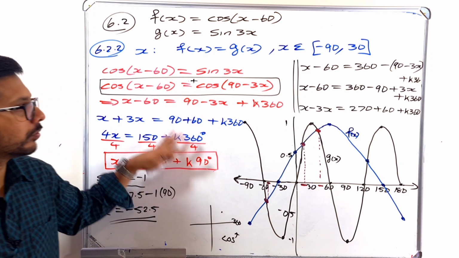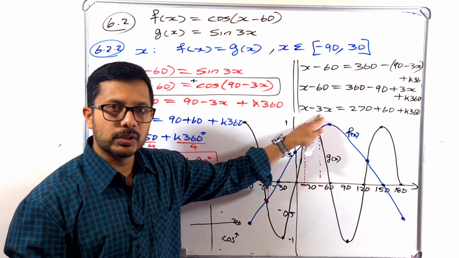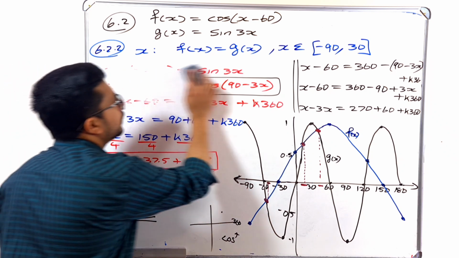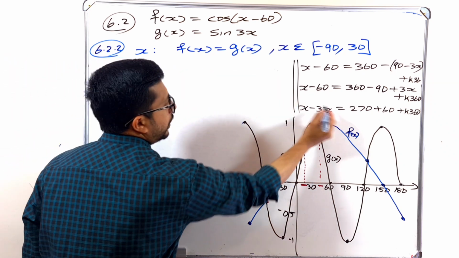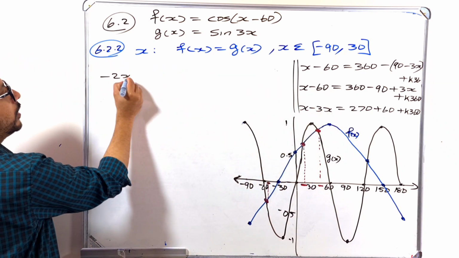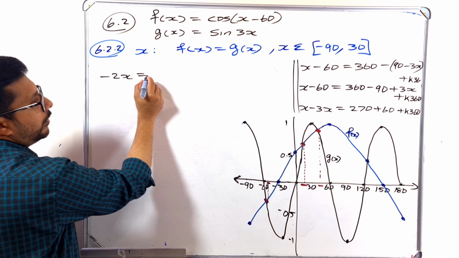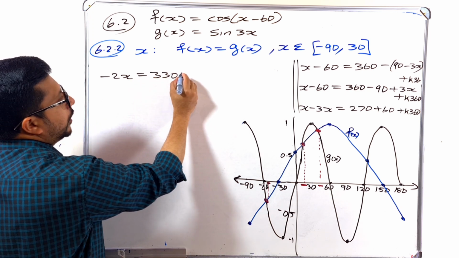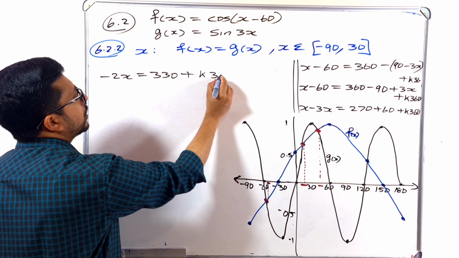I don't have space, so I am going to erase and continue here. So x minus 3x is minus 2x is equal to 270 plus 60, 330, then plus k 360.